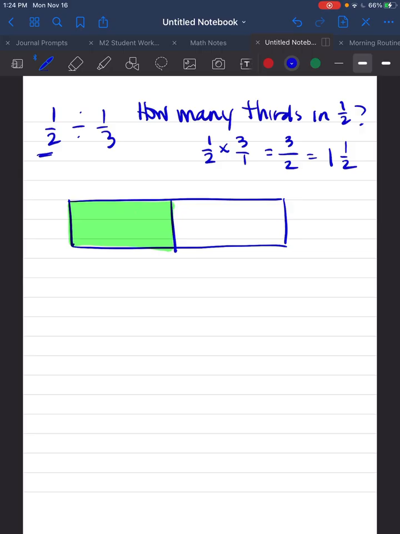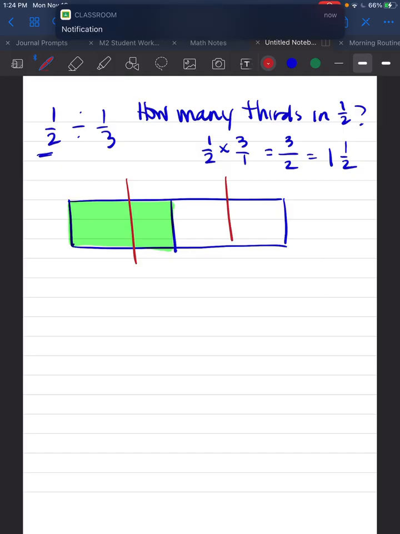Okay, so now I'm going to divide my half into thirds. So how do I divide my half into thirds? Well, sorry, how do I divide my whole into thirds? That's not right. My whole into thirds. There we go. Divide my whole into thirds.